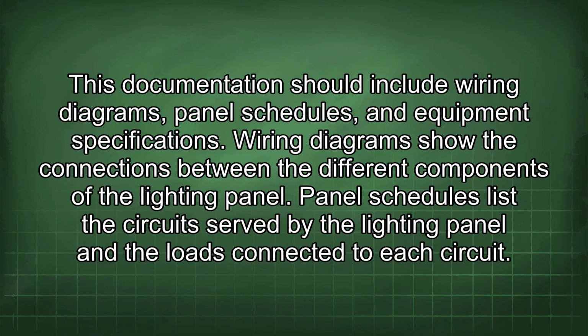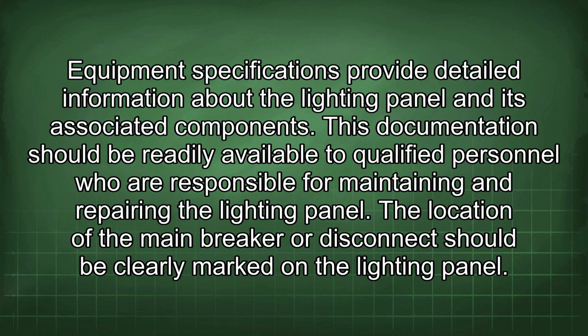Panel schedules list the circuits served by the lighting panel and the loads connected to each circuit. Equipment specifications provide detailed information about the lighting panel and its associated components. This documentation should be readily available to qualified personnel who are responsible for maintaining and repairing the lighting panel.